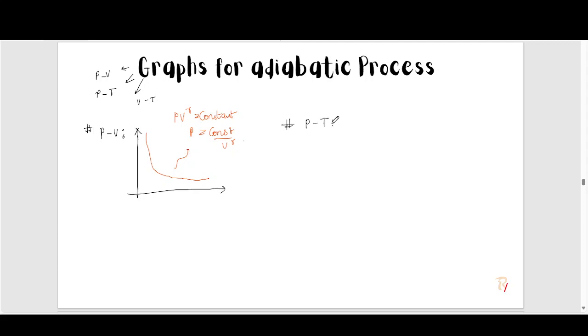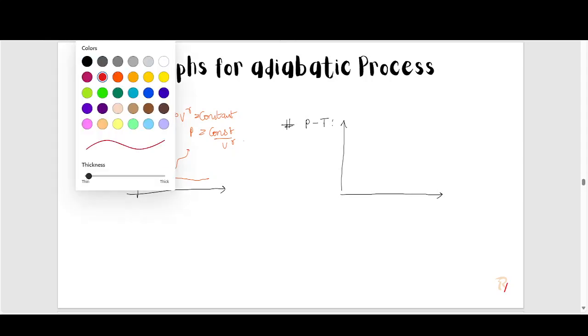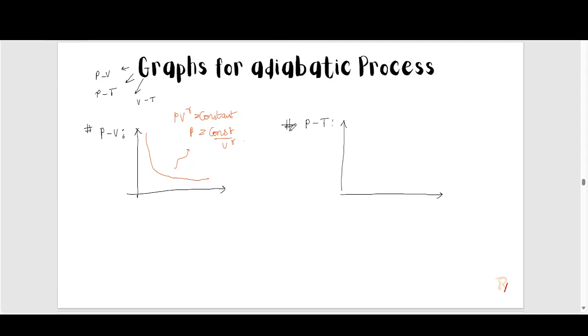Let us take the PT graph. First I will tell you from the result: P into T to the power of gamma by 1 minus gamma gives me a constant.